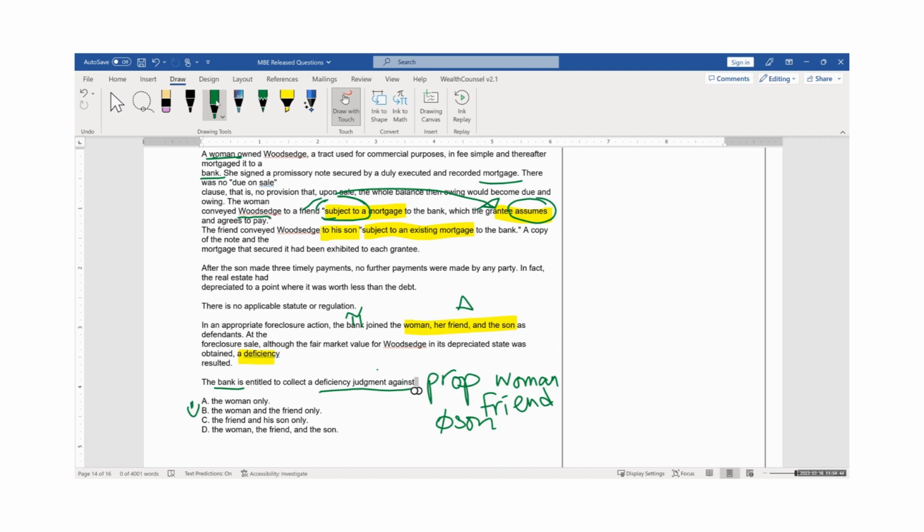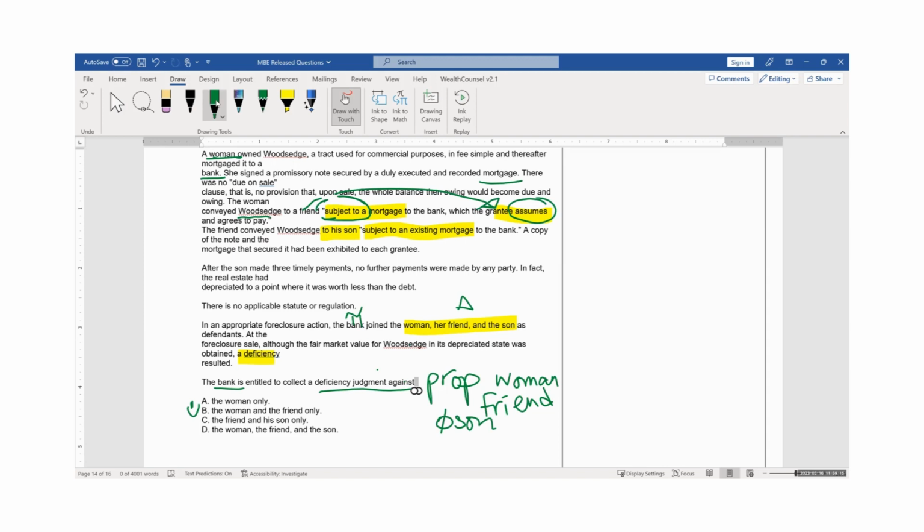In answer choice A, it says the woman only. The woman is on the hook because she did not receive a novation. That is, the bank did not let her off the hook by giving her a novation, meaning that the bank says, I will no longer hold you responsible for the loan. I will hold your friend responsible for the loan now.